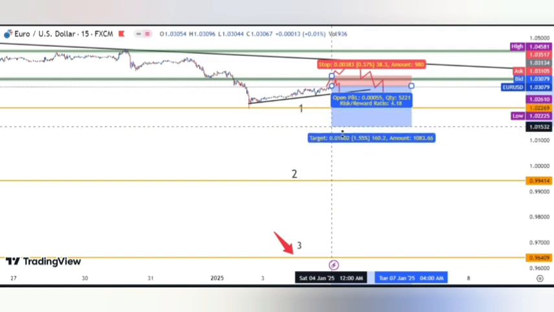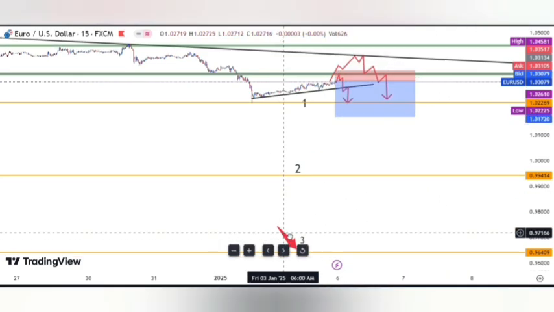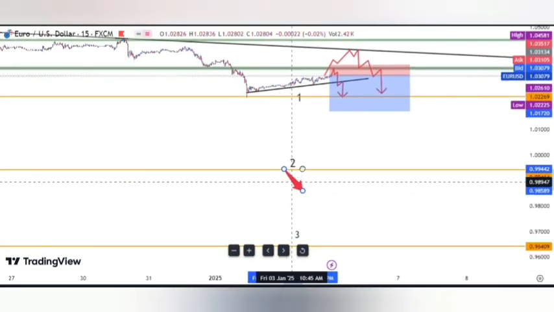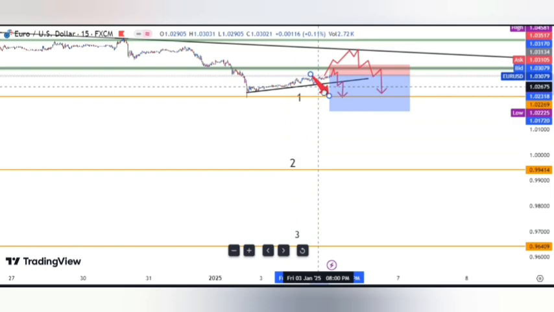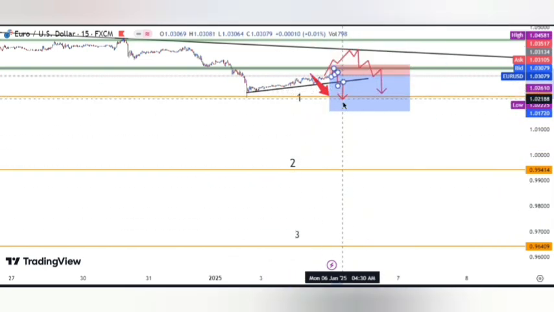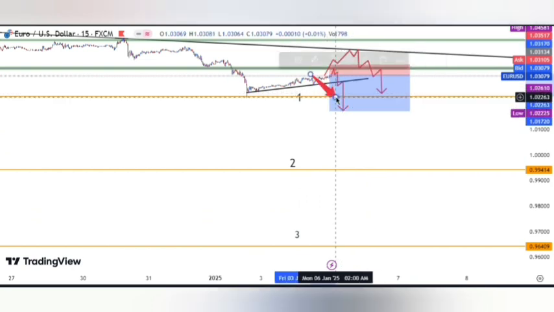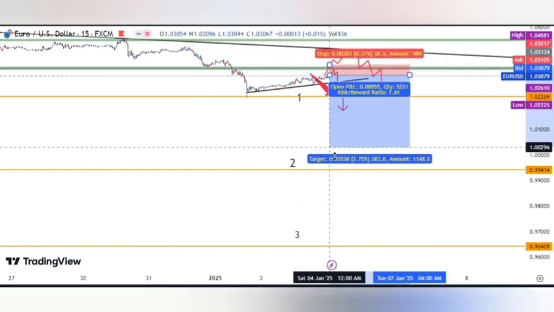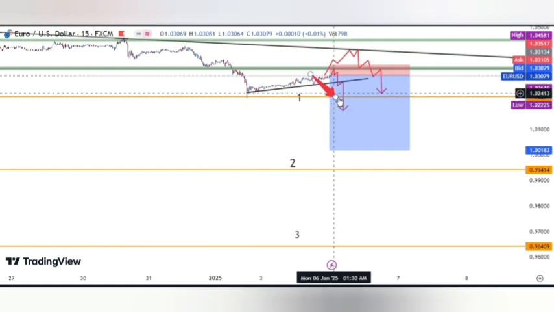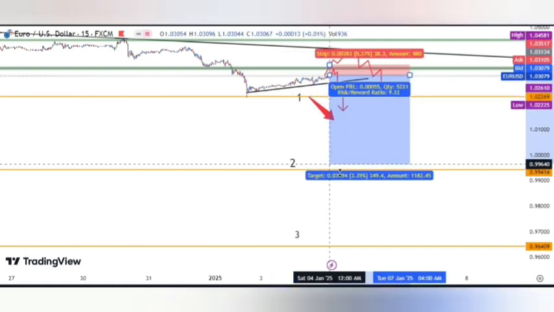Let's say it has gotten to 1 to 3 risk to reward ratio here. You move your stop loss to a 1 to 2 here, as the price gets to this point over here. So as the price continues to go lower, you are also moving your stop loss more into profit, like to this area.